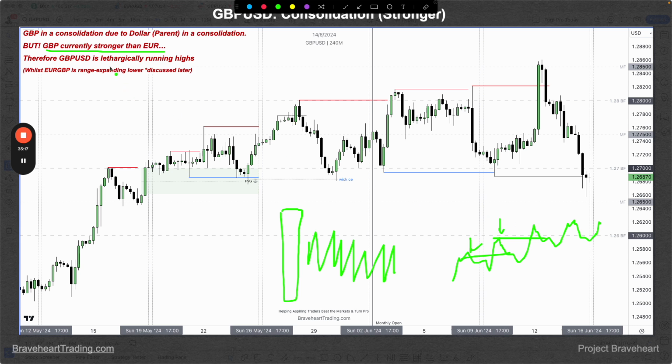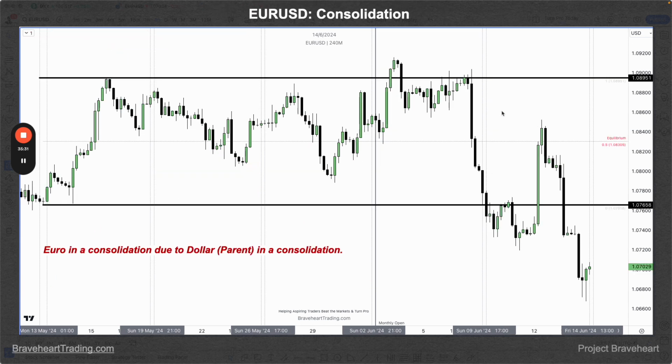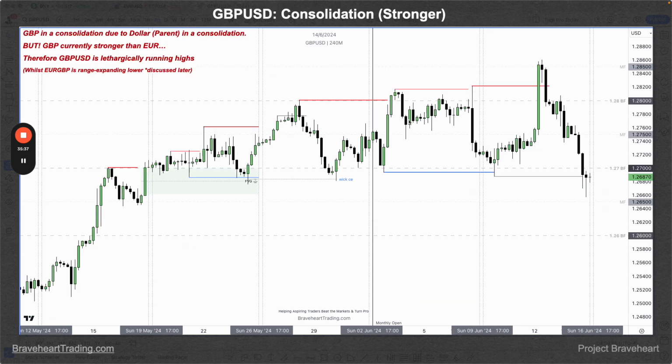So it's still lethargic because of the consolidation, but it's lethargically running highs. Okay? And we can see this is pure strength, and this is not as strong here. So that will become a factor in selecting the cross pair later on.